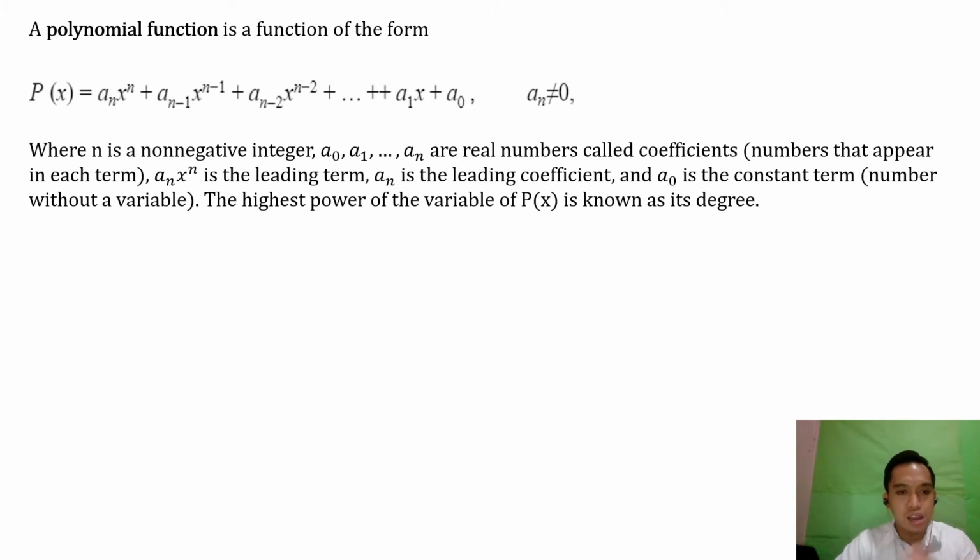So, yung number sa kada term, ang tawag doon ay coefficient. Numerical coefficient. A sub n times x raised to n is the leading term. Okay? The leading term. A sub n is the leading coefficient. Yung coefficient ng ating leading term is the leading coefficient. And a sub 0 is the constant term.